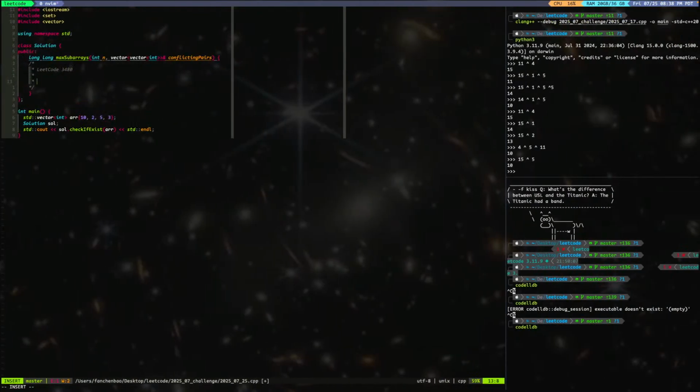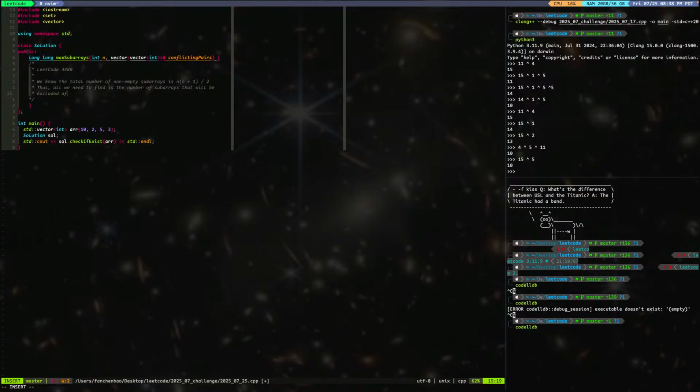We know the total number of subarrays, non-empty subarrays, is n times n plus 1 divided by 2, right? Thus, all we need to find is the number of subarrays that will be excluded, right?